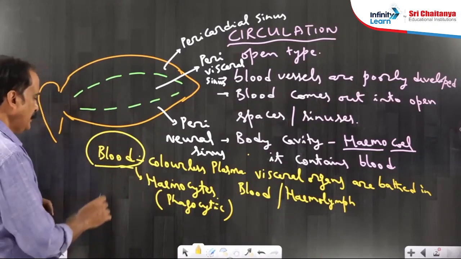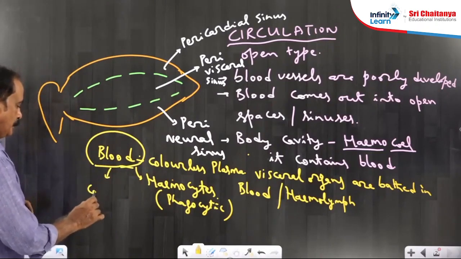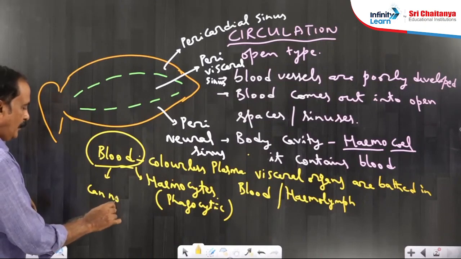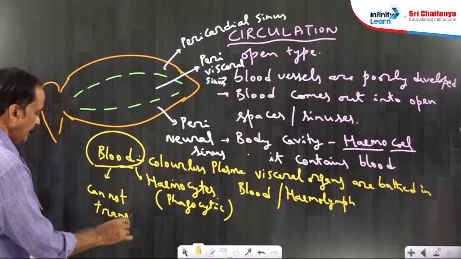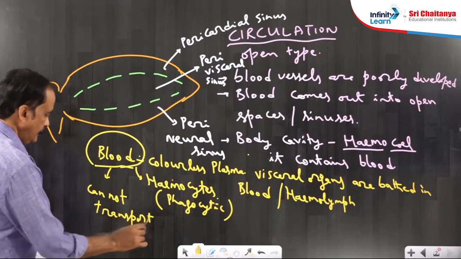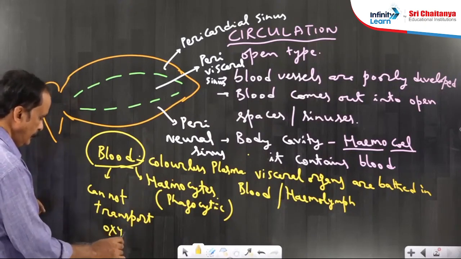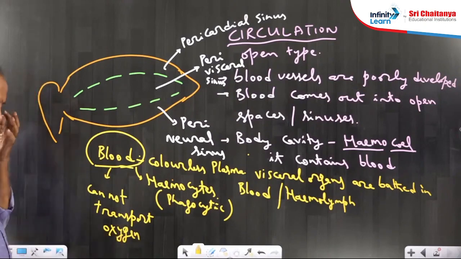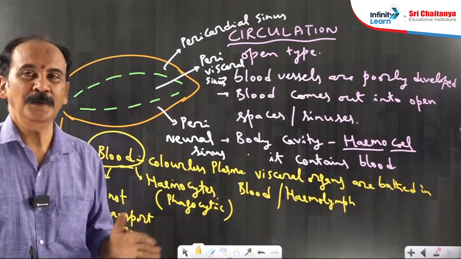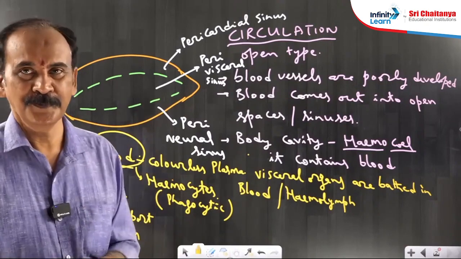So that means blood in cockroach cannot transport oxygen. Blood in cockroach is unable to transport oxygen because there is no pigment.